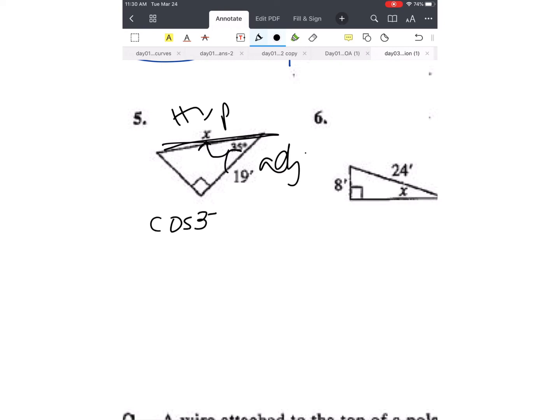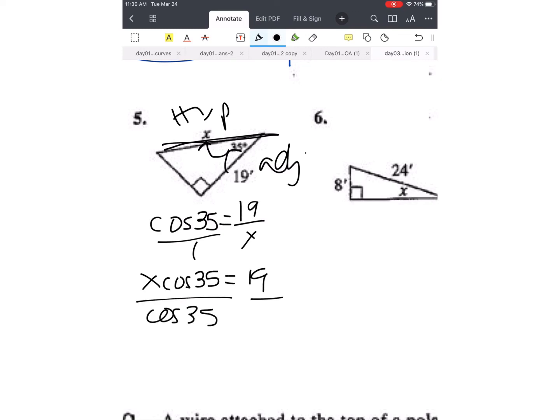Cosine 35 is adjacent 19 over hypotenuse, x. Cross multiply, x cosine 35 is equal to 19, divided by cosine 35 divided by cosine 35. x equals 19 divided by cosine 35, and that is 23.